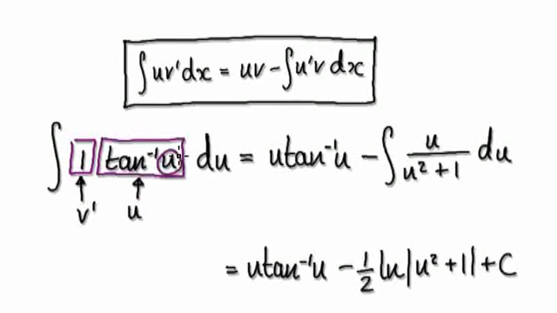But there's a lot of confusion here because I gave it a bad name. I said let u equals square root of x, but I should have called it something else. Because this u here clashes with this u, just bear that in mind. Well, to integrate this, we've done this many times.